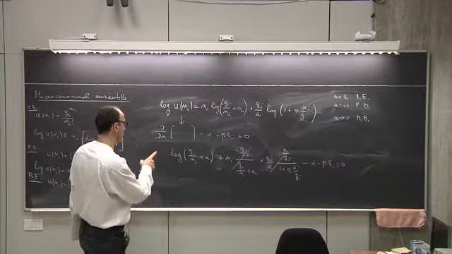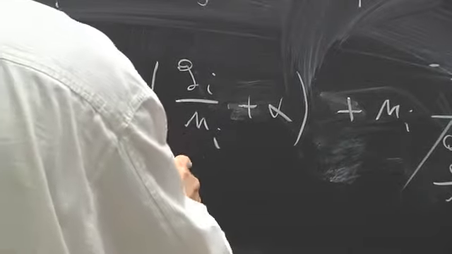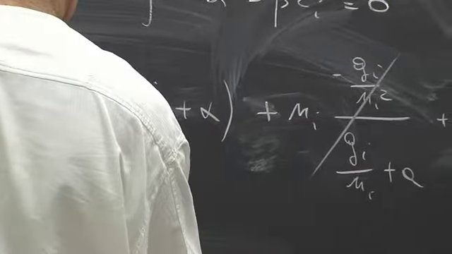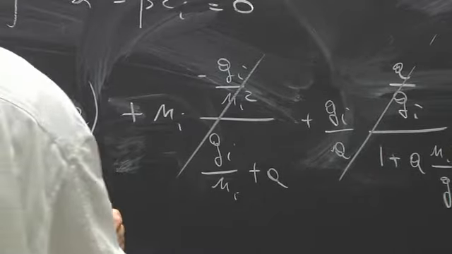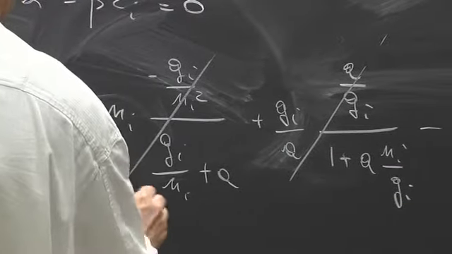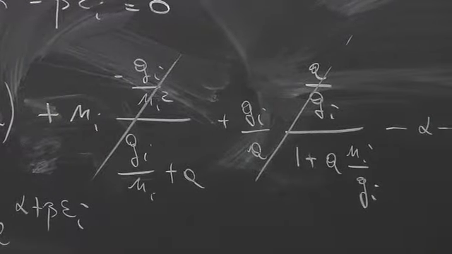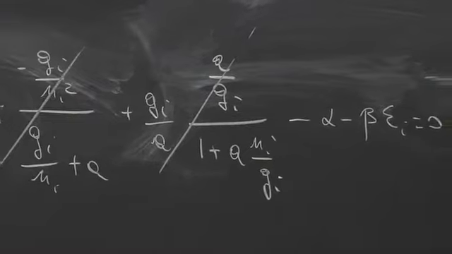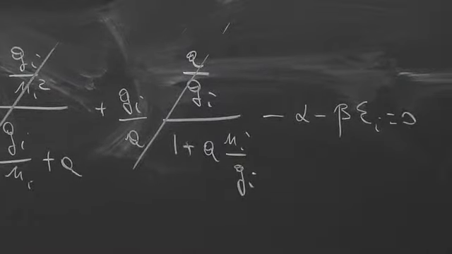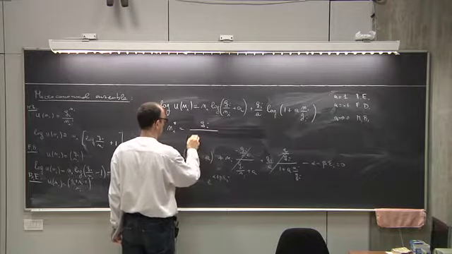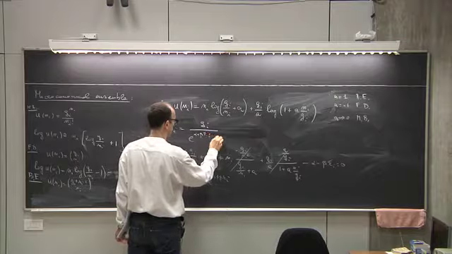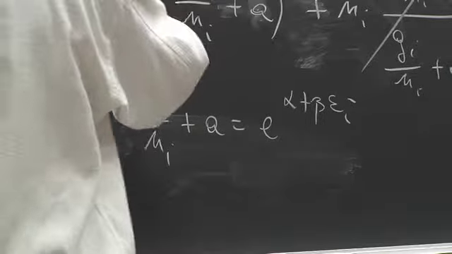And so what you get as a result is that this is equal to alpha plus beta epsilon I, so gi over ni plus a is equal to e to the alpha plus beta epsilon I. So the final result is that ni star, let me write it here, ni star is equal to gi divided by e to the alpha plus beta epsilon I minus a.